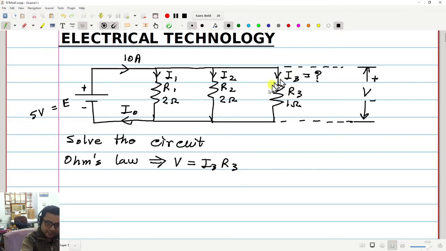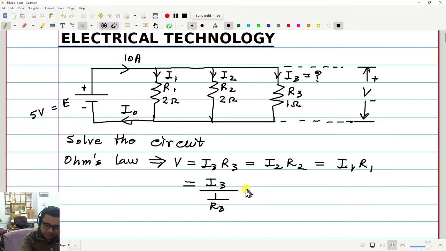And since all these resistances are connected in parallel, then I can also say that I2 times R2 is also equal to V, and in the same way, this is equal to I1 times R1. You can also write this as I3 divided by 1 by R3, then this is equal to I2 divided by 1 by R2, and similarly I1 by 1 by R1.